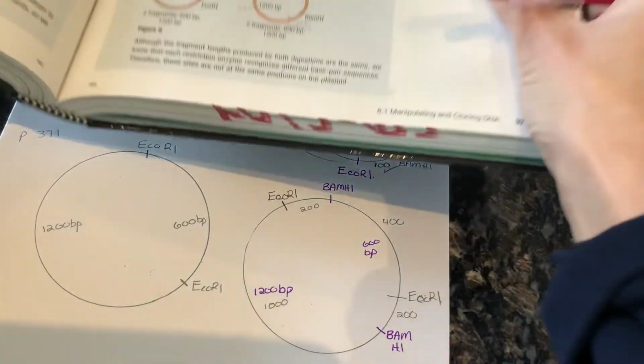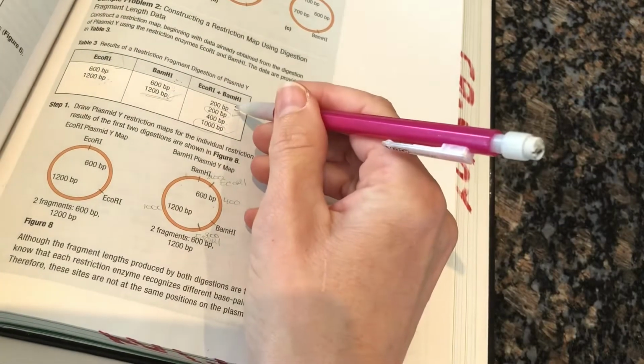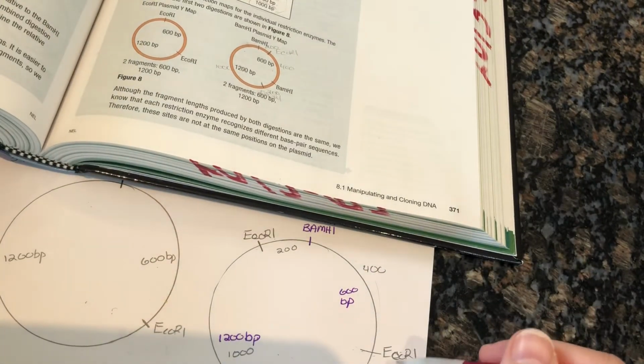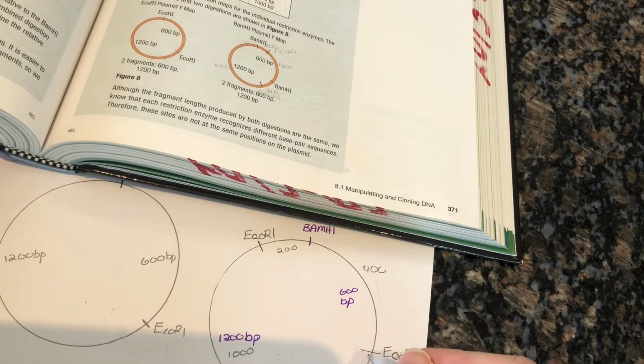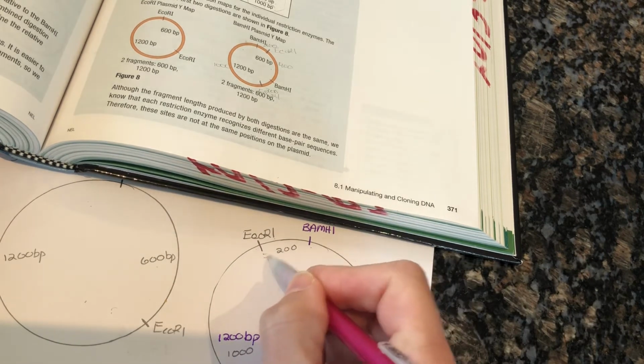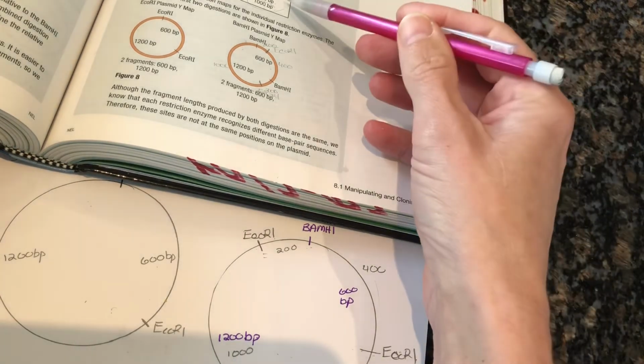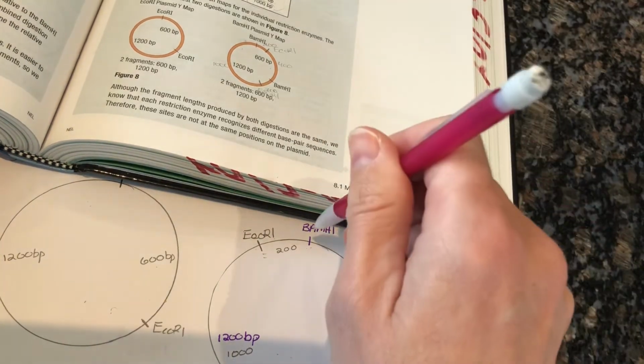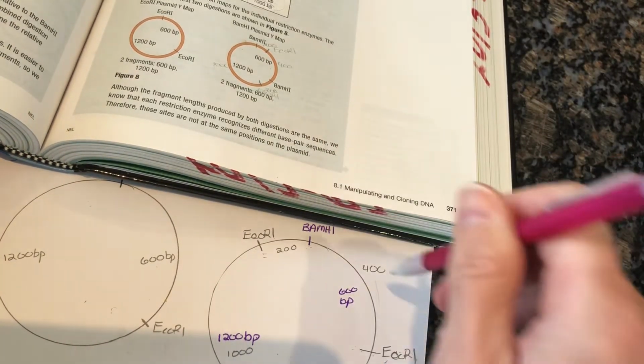So now we have to check and make sure that we've done this correctly. Do we have two cuts that allow us to have 200 base pairs in length? Yes, we do. Here's a 200 from here to here. Here's a 200 from here to here. Okay. Do we have a 400? Yes, we do. Between BAM HI and EcoR1, we have a 400.